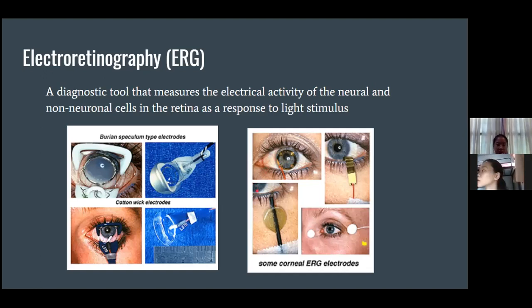Because it measures the electrical activity that goes back and forth from the retina. The retina is at the very back, but when we receive light, the stimulus is actually reflected back almost to the front, where the optic fiber is located, which is the connection between the eye and the brain.